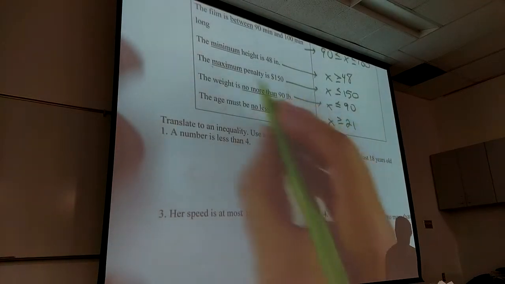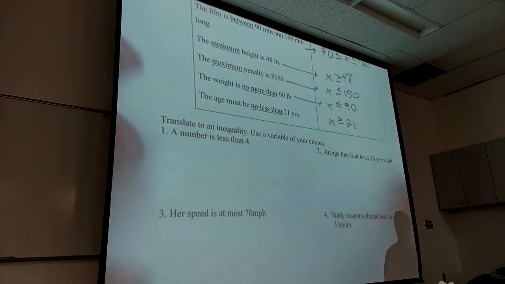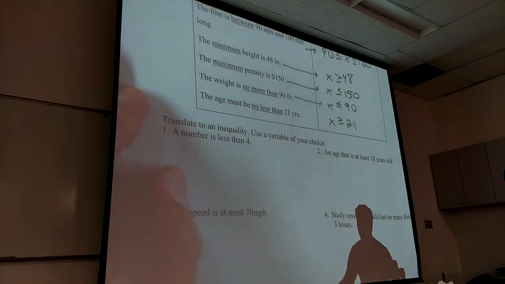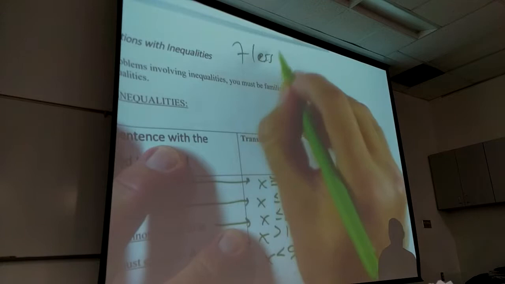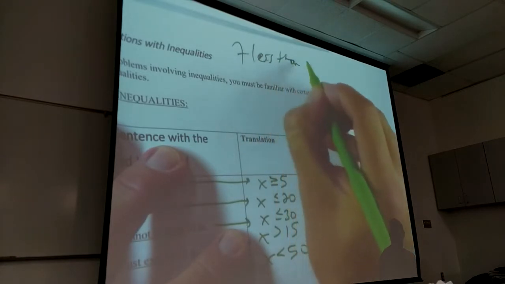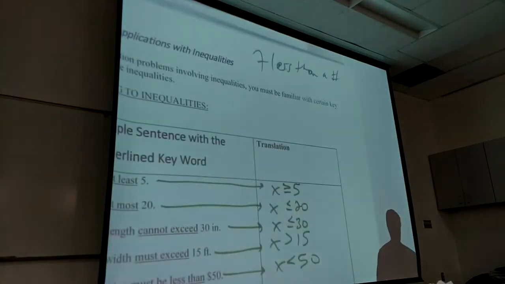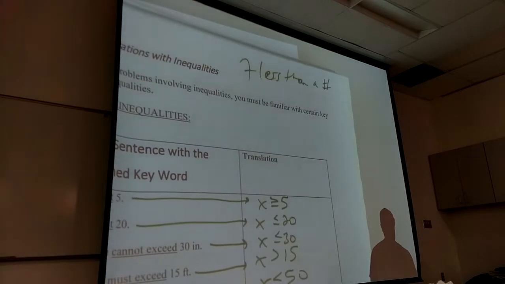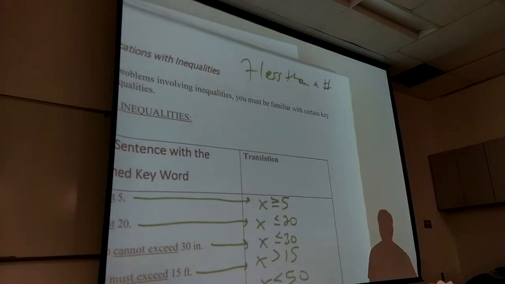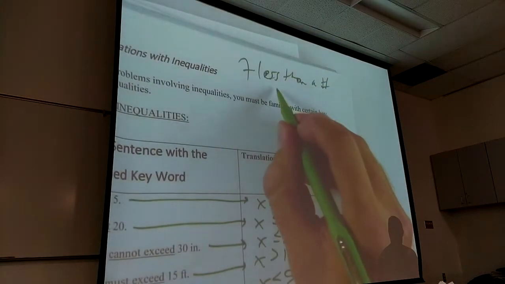Notice how this is different than 7 less than a number. How would you write 7 less than a number? Now you've got to be careful, you're going to make a mistake on this. x minus 7, there's no inequality. If I said 7 is less than a number, so 7 less than a number is x minus 7.